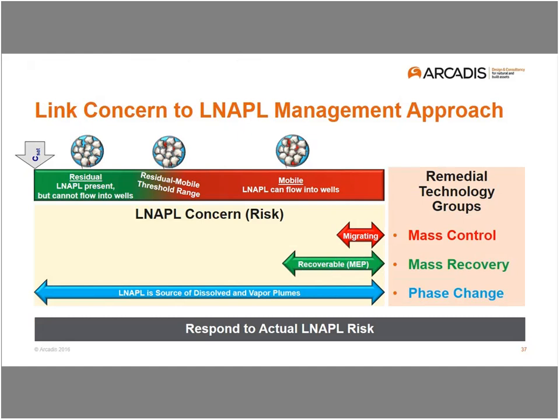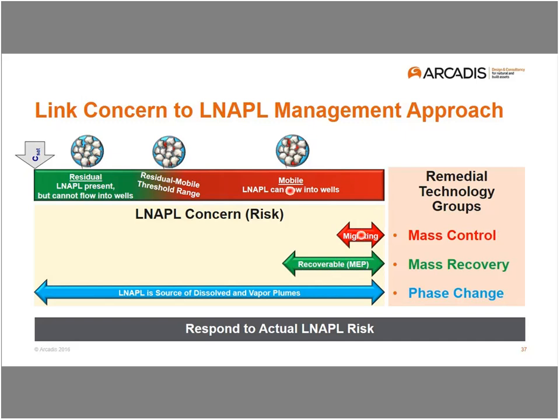So up here at the highest saturation, we have mobile NAPL, and that NAPL might be migrating. We're going to see those highest saturations really only immediately after release, when that LNAPL body is expanding. When we have migrating LNAPL, we're going to think about remedial technologies that give us mass control. So they're going to control the mass from migrating.